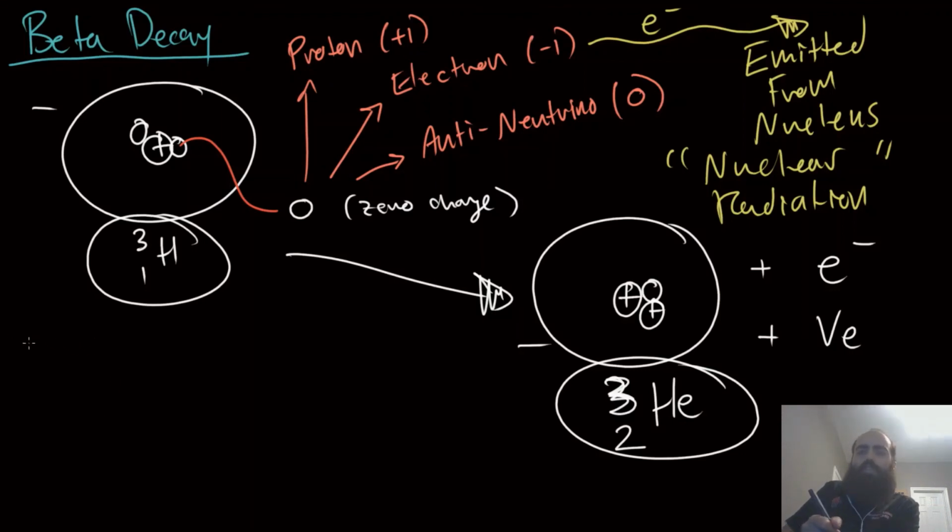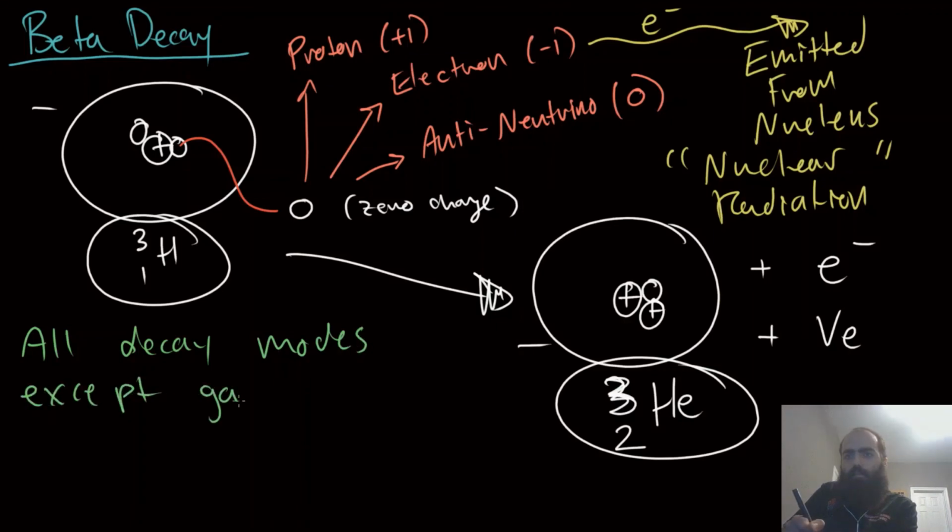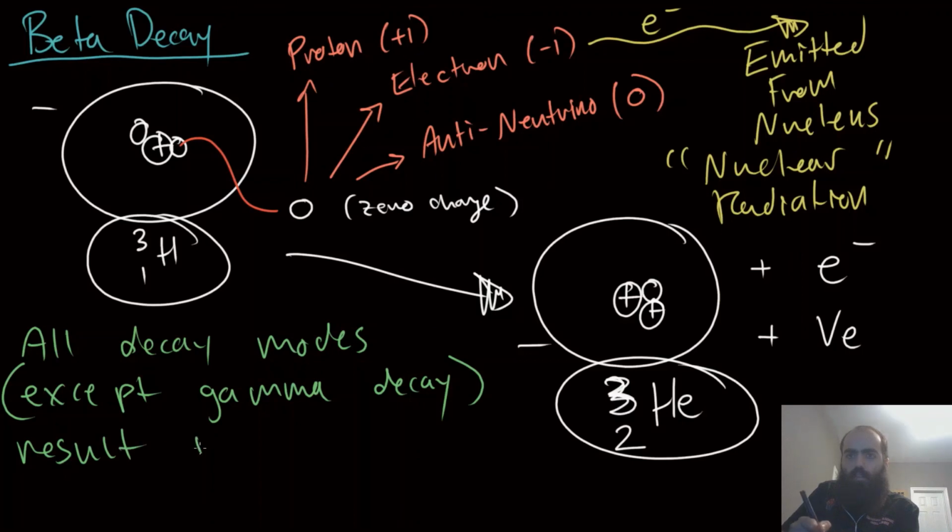And basically all decay modes except gamma decay result in one element being transformed into another.